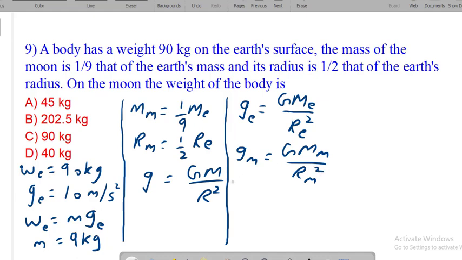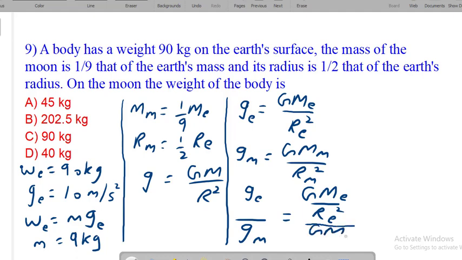Next what we do is take the ratio of GE upon GM. So what we get is G ME upon RE square upon G MM upon RM square.